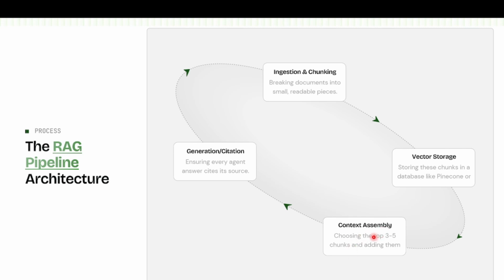After vector storage, we have context assembly. Context assembly is choosing the top 3 to 5 chunks and adding them together. It is assembling the information that has been chopped, indexed and stored in the vector storage. Assembly is bringing related information together.